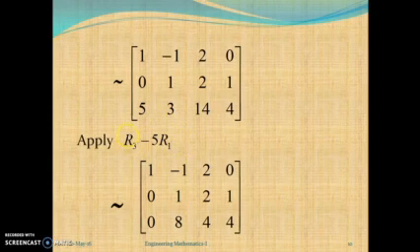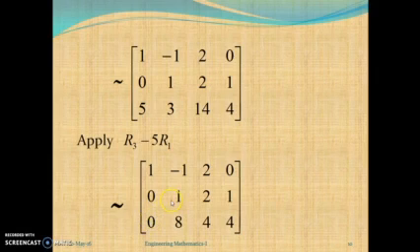The first row stays the same, 1 minus 1 2 0. We do not change R2, so it stays 0 1 2 1. The new third row is 0 8 4 4. Now below the first diagonal element all entries are 0.